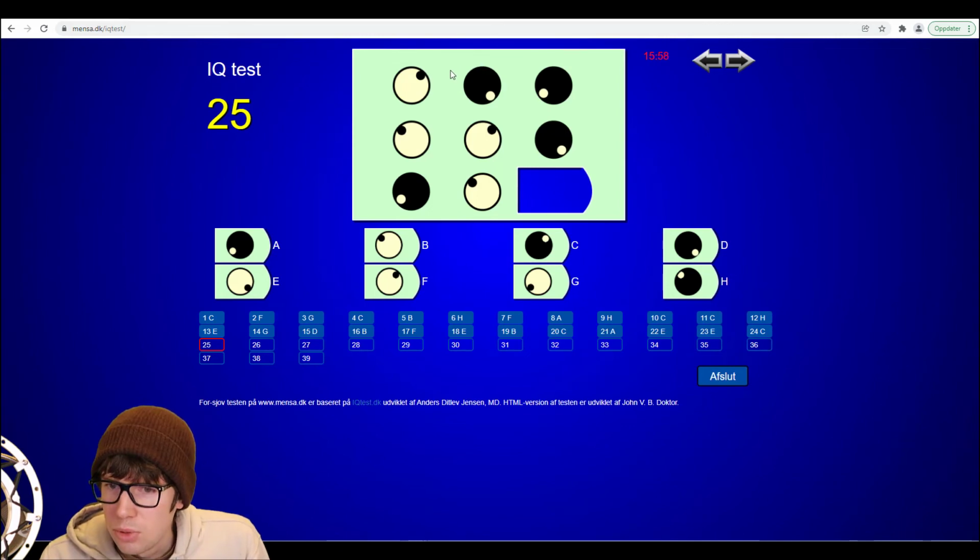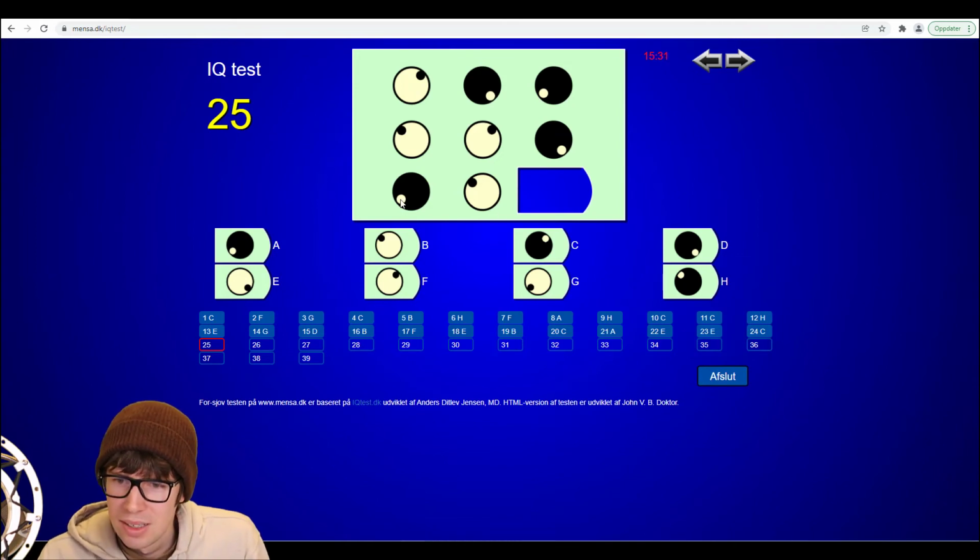But the additional rule here seems to be that when this dot is on the top here, so either pointing up right or up left, the big circle is white and the dot is black. But when it's downwards, like pointing down left or pointing down right, they invert the colors. So the small thing becomes from black to white, and the big one becomes black all the way around.